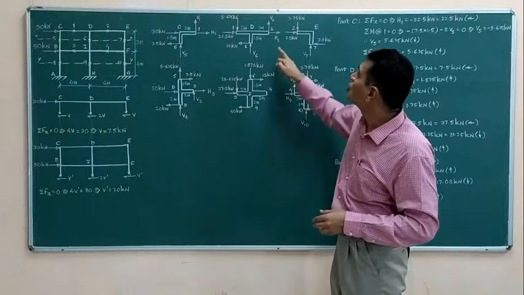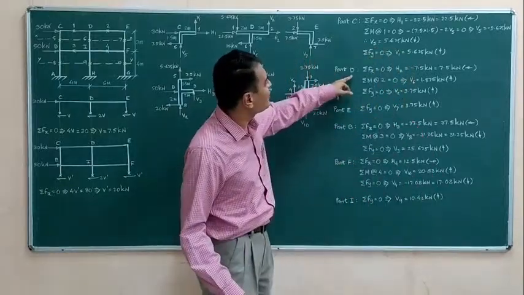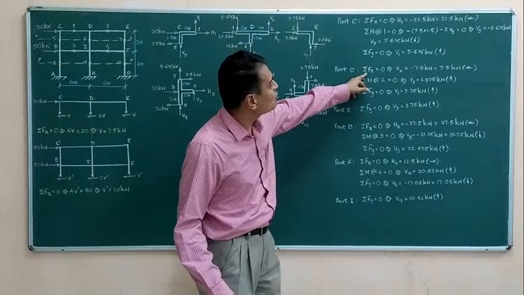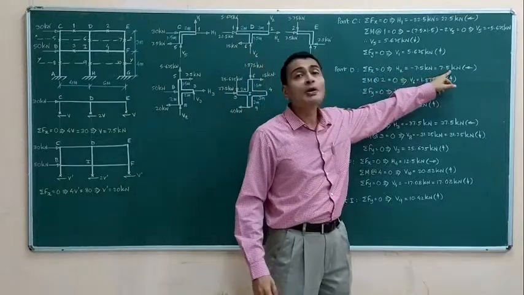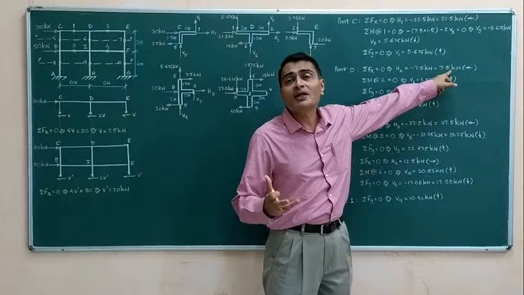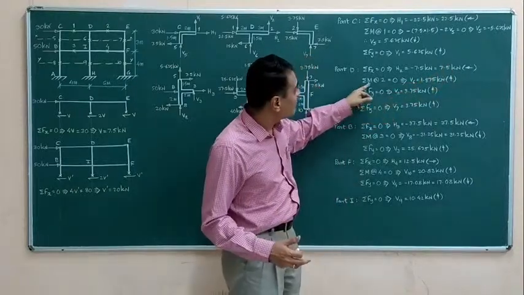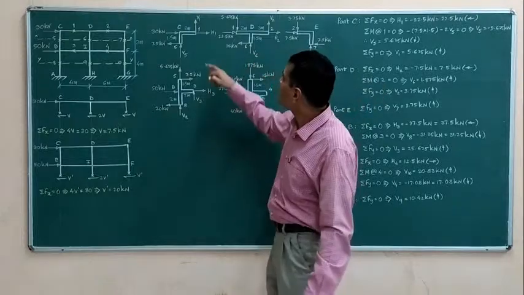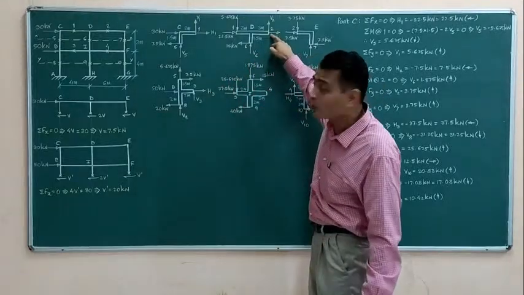Then what do I do? To find out H2, I simply apply for part D, sigma Fx equal to 0. I get H2 is equal to negative 7.5, meaning 7.5 kilonewtons leftwards. Then I apply sigma M about 2 equal to 0, about this particular point.